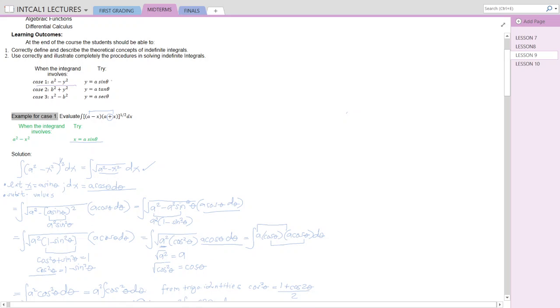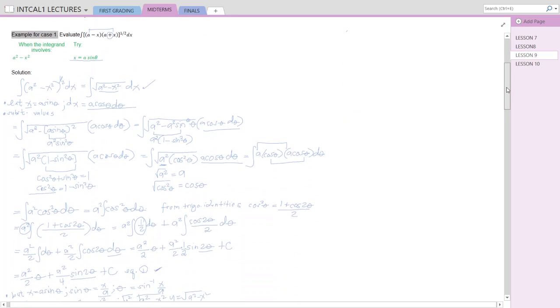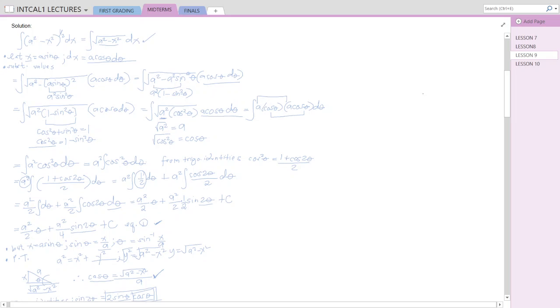We have to use x is equal to a sine of theta. We have already computed for that one, so this will be equal to this one, a squared minus x squared raised to 1/2. So it is the same with the example.